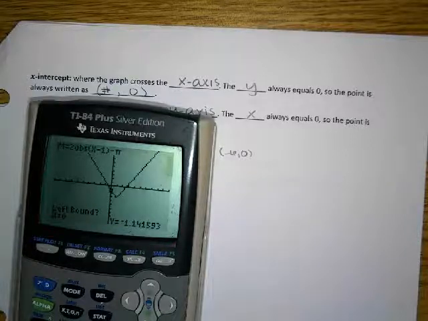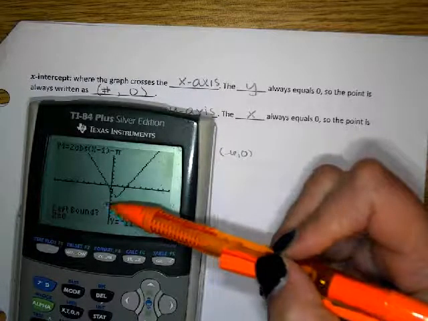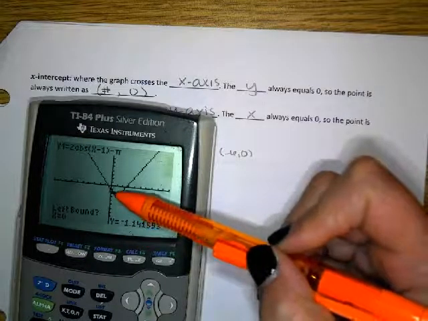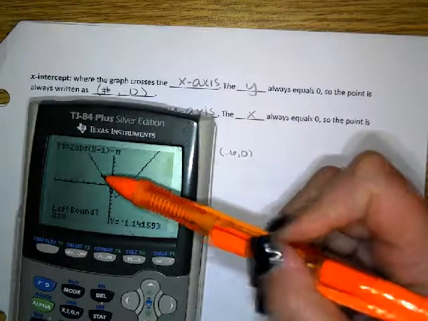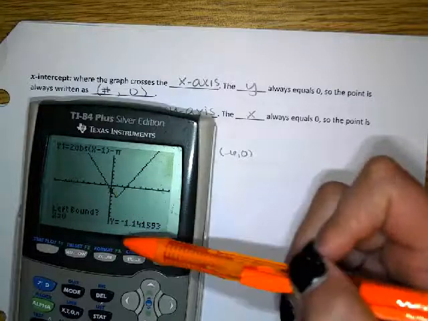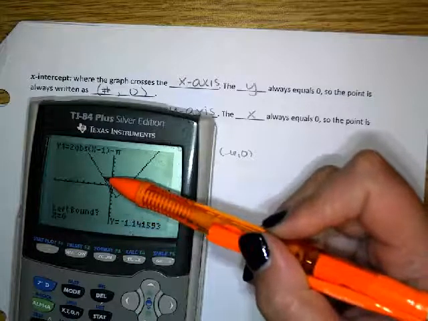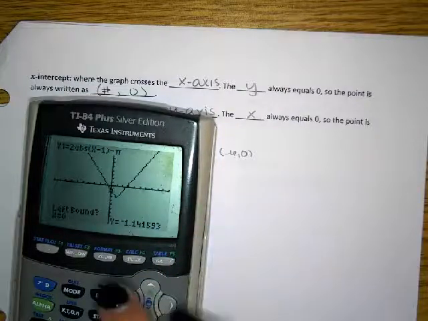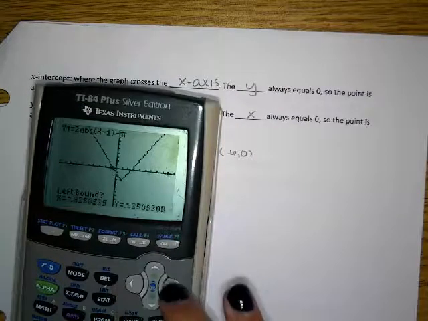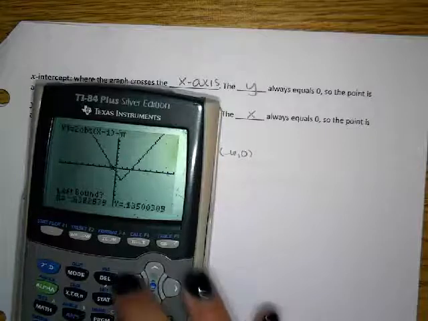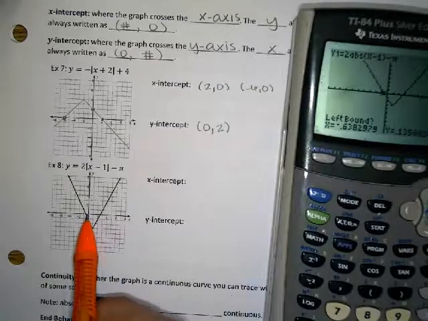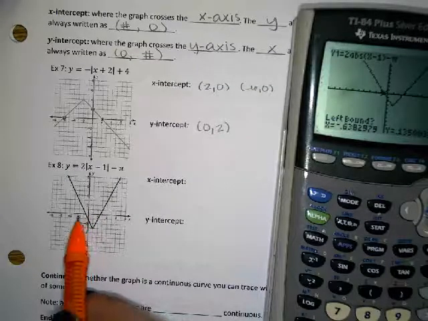Now, the calculator asks you questions. It says, tell me where to look. And you're going to give it a value to the left of the answer and to the right of the answer. Now, you can scroll to these values, or you can just plug them in. So I can scroll left and right using my arrows, or I can just plug in values that I want to look between. So my first answer is right here. It looks like it's between -2 and 0.